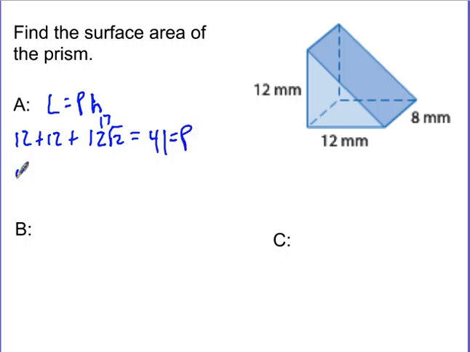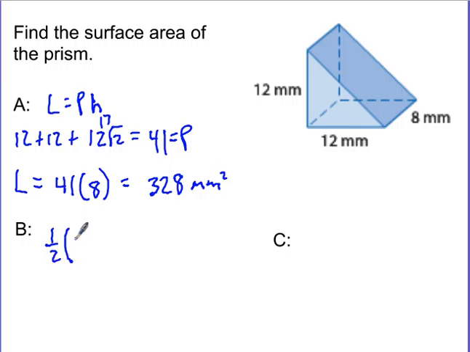So lateral area will be that perimeter, 41, times 8, the distance between the bases. 328 millimeters squared. All right, now we need to find the area of the bases. Area of a base is a triangle, so 1/2 times base, which is 12, times the height, which is 12.